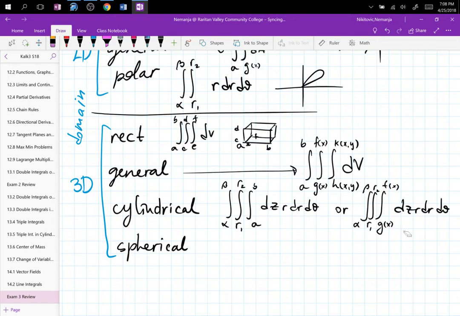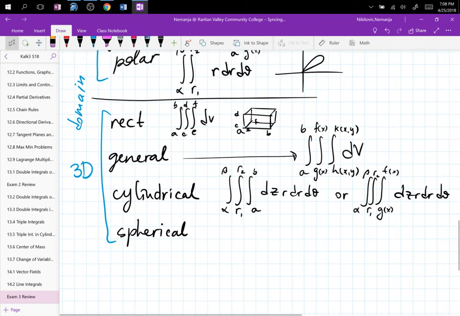So cylindrical can have any of those. And finally, spherical is the one where we have alpha and beta, and then, who cares, right?